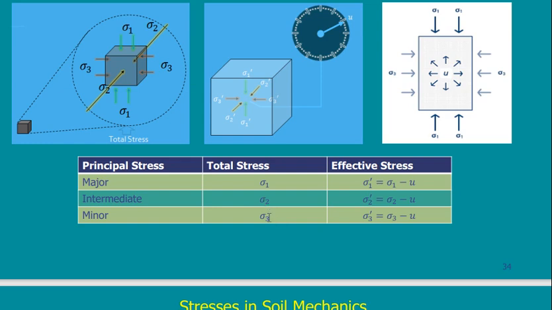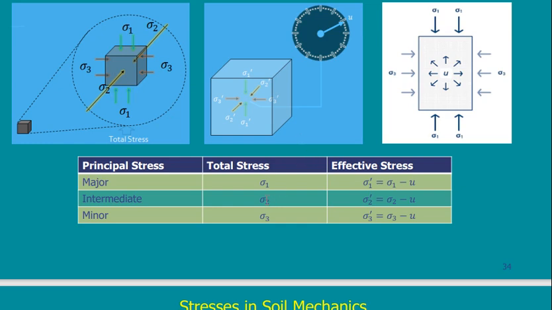Sigma 2 and sigma 3, we said that they are the horizontal. Sigma 1 is the major stress because it is the vertical load affecting the soil. Because of this vertical load and because of other reactions on the soil, I have sigma 2 and sigma 3 to keep my block stable at its place.